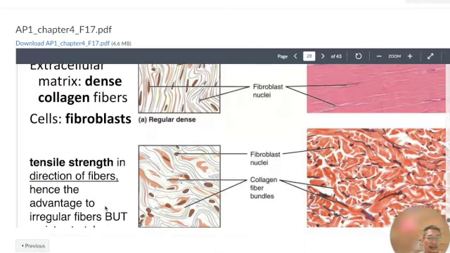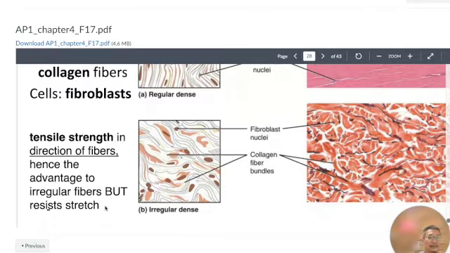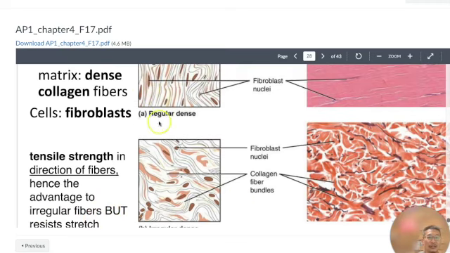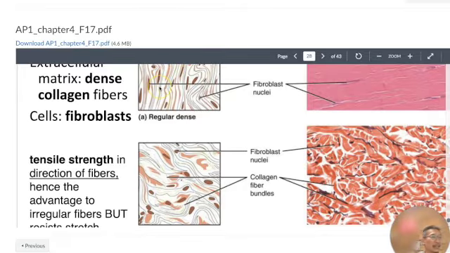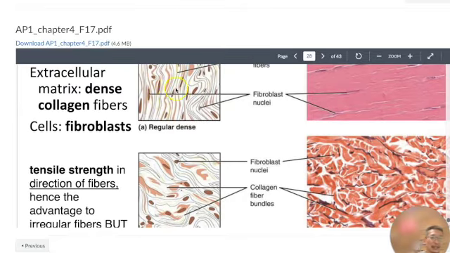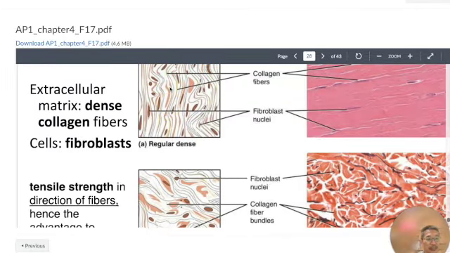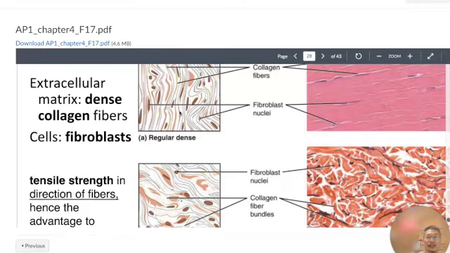There is regular and irregular dense connective tissue. Regular dense connective tissue is parallel. It's strong, it resists a lot of stretching, but in one direction, like your vocal cord. It always stretches and closes, stretches and closes.